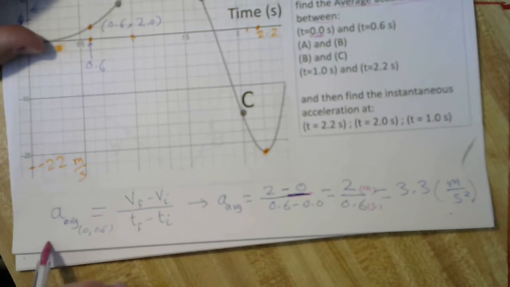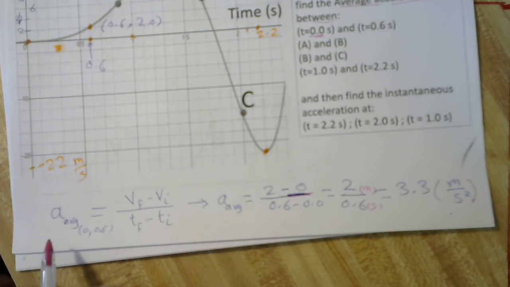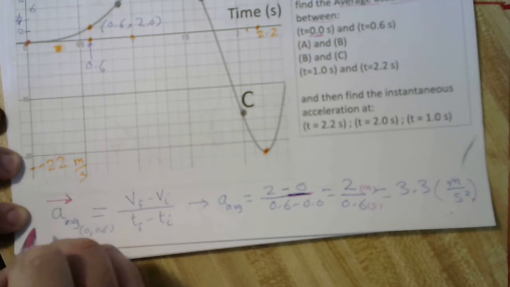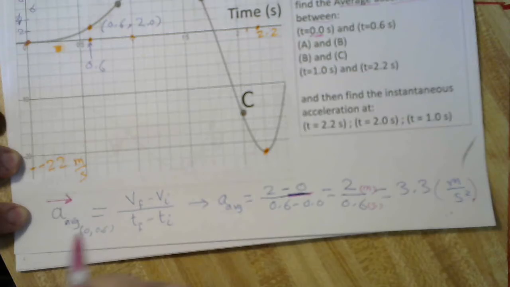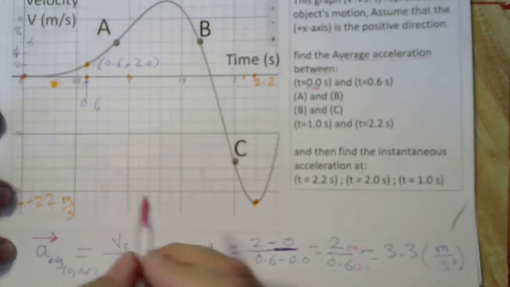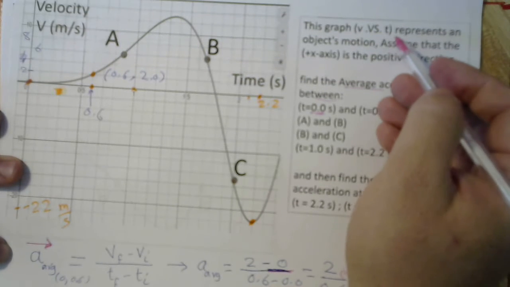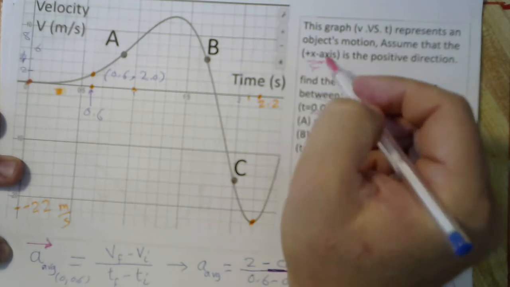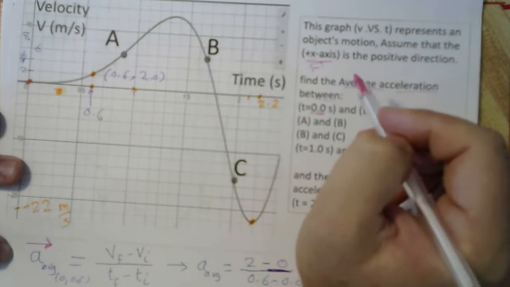Now the acceleration is a vector, so I need to use the vector sign over the acceleration. What is the direction of this vector? I told you before, the positive direction is with the x direction, the positive x axis.